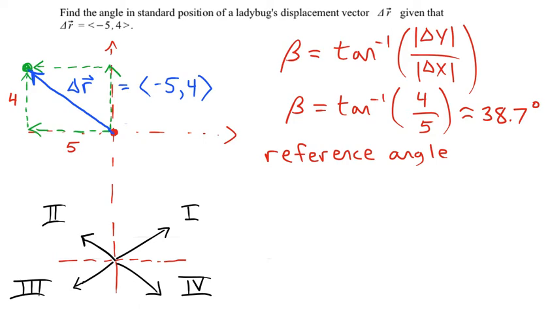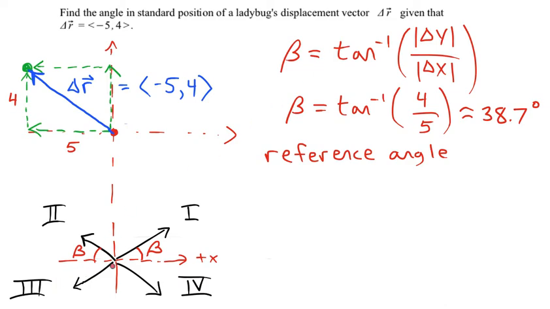Now, if you do this formula for beta, for the first quadrant, then beta is the standard position angle because it's measured counterclockwise from the positive x direction. But what beta gave us here is the angle that our vector made with the x-axis, which is not a standard position angle. It's a reference angle.